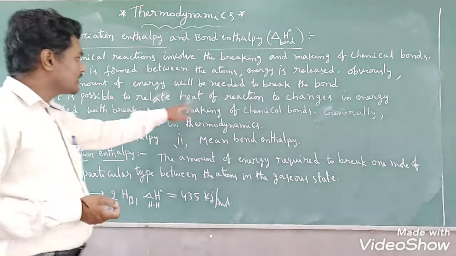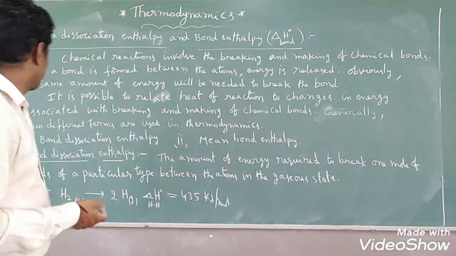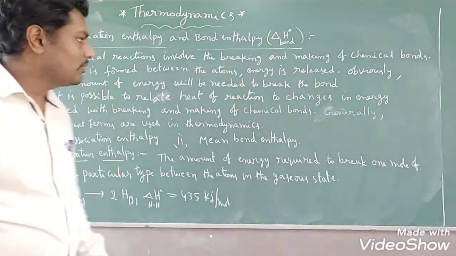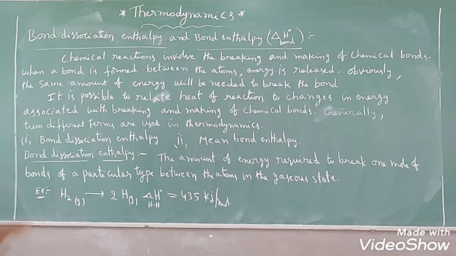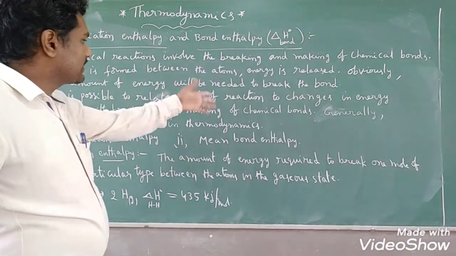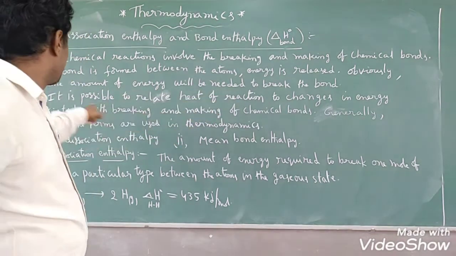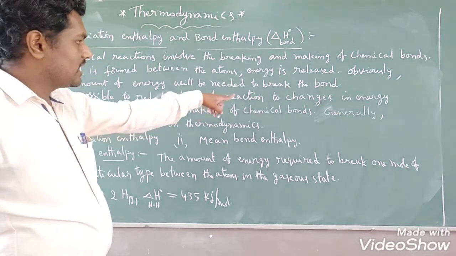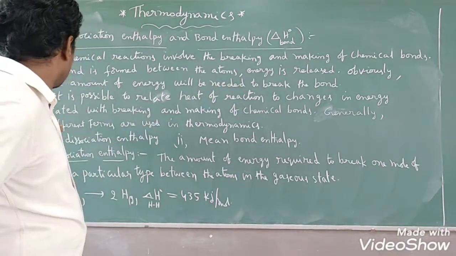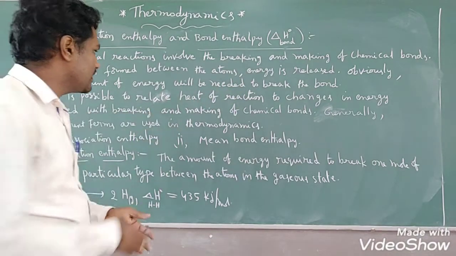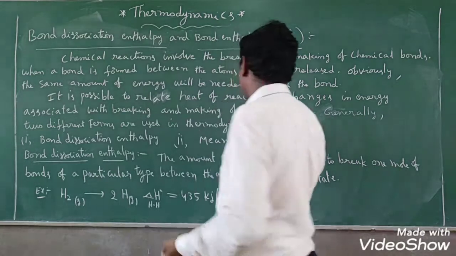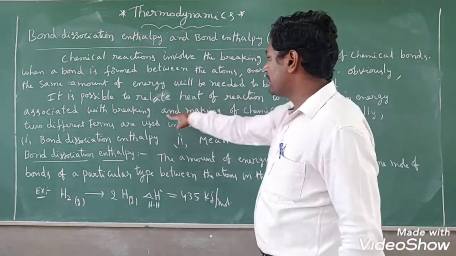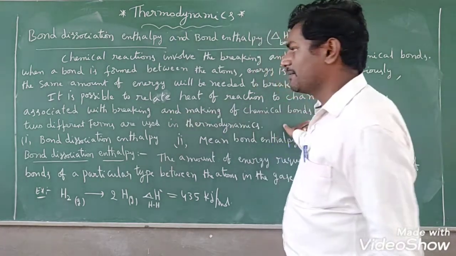Now it is possible to relate the heat of reaction to changes in energy associated with the breaking and making of chemical bonds. Yes or no? The heat of reaction, delta H, is related to changes in energy associated mainly with the breaking and making of chemical bonds only.